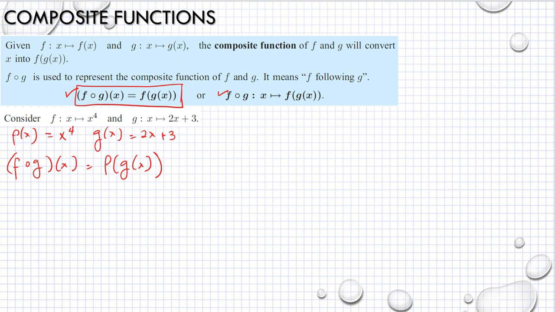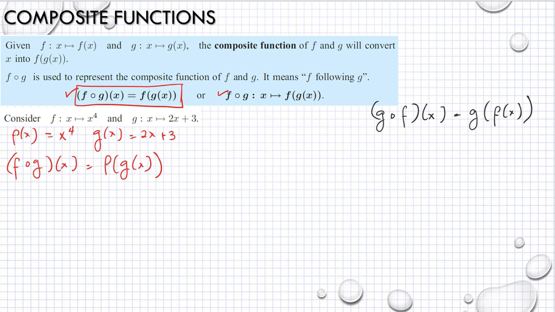Then we're going to compare that with the composite function g of f. We're going to compare these two later, and see what observation we can derive from the result.